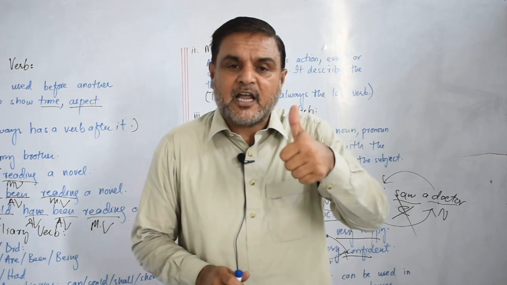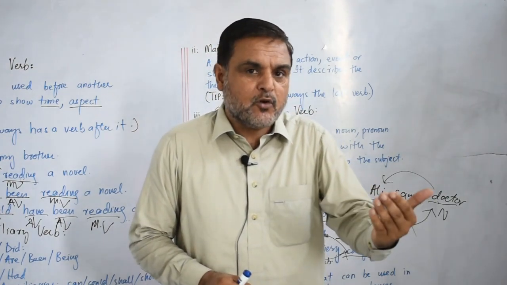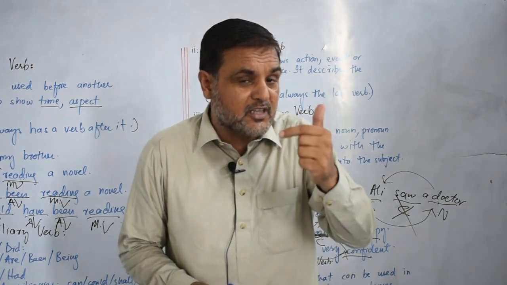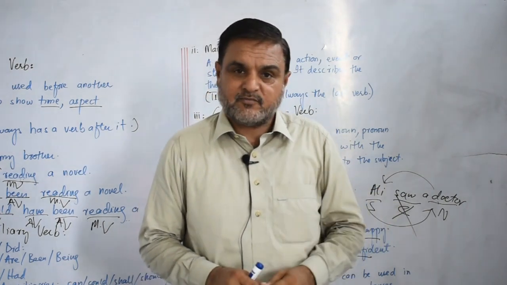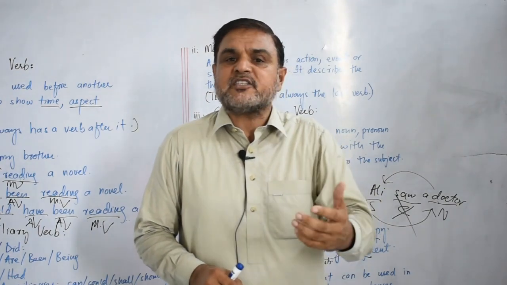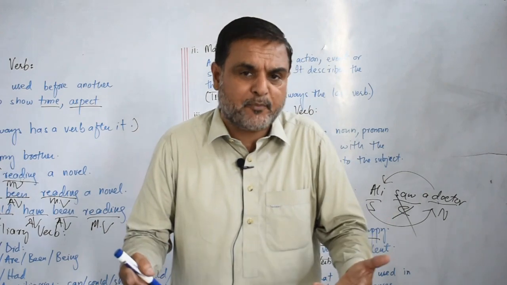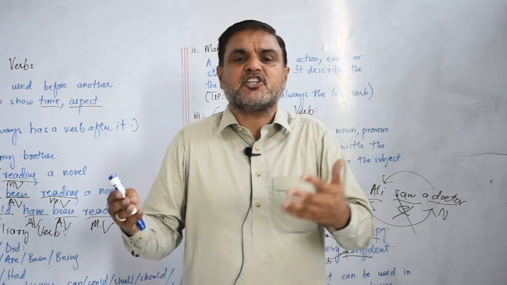For example, love. You can say I love you, but you cannot say I'm loving you. You cannot use the verb love in continuous tense. In the same way, you can say I hate you, but you cannot say I'm hating you. That's not considered a traditionally correct sentence.